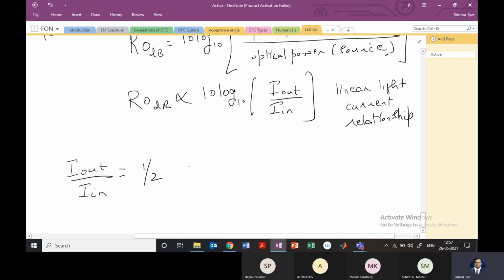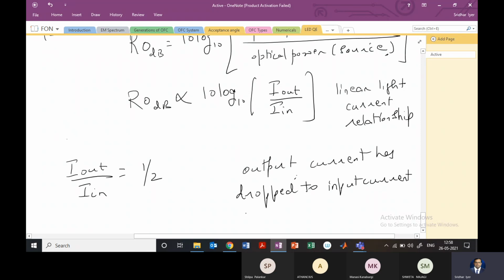Therefore, in the optical domain, your bandwidth is defined as the range of frequency at which output current has dropped to half the input current value.